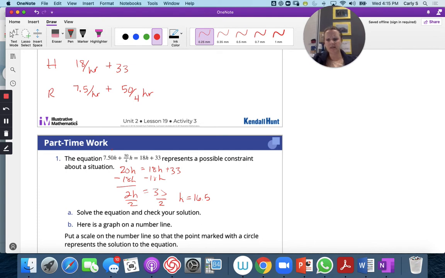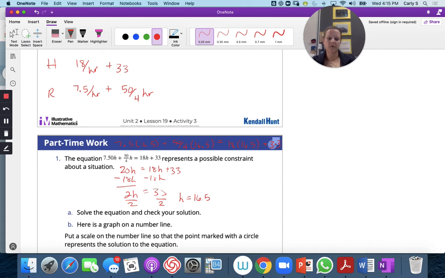All right, check my solution. That means I plug 16.5 into the equation and make sure I get a true statement. I hope you pick up your calculator and crunch this number.